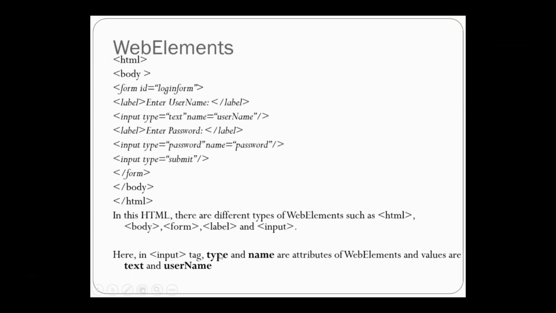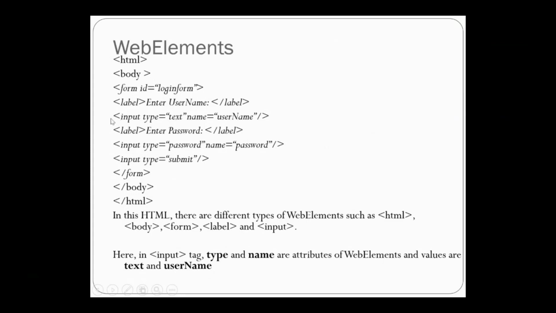Here in the input tag, we have two things, type and name. These type and name are attributes of the web element, and the values are text and name.